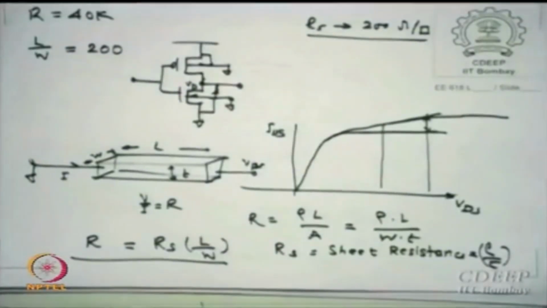So a transistor may require 0.5 by 0.5 micron area, and your resistor is requiring 200 into 0.5 area. And one resistor takes up so much space everywhere, so transistors will not be visible, only resistors will be visible. After some time you find that in the chip size, after 4 resistors there is no space left. So one cannot use resistors because they will just take away your area.